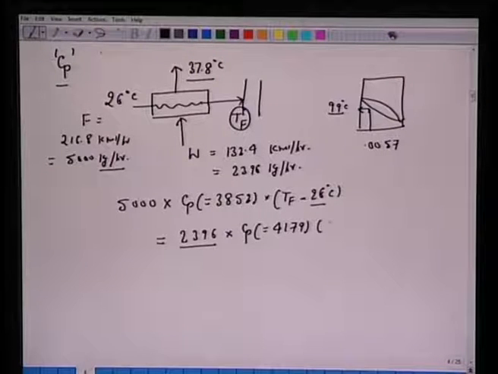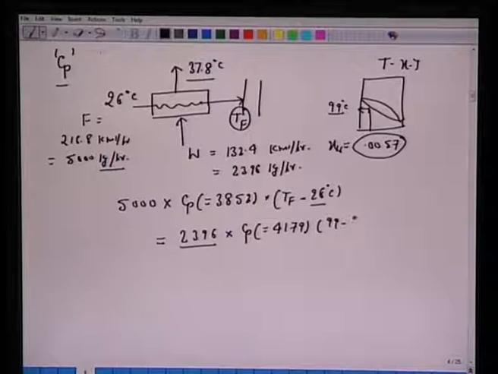This stream was at 99 degrees centigrade because it is saturated, as we read from the Txy diagram corresponding to the 0.0057 mole fraction XW. So 99 minus 37.8. So now we have the feed temperature TF as 57.8 degrees centigrade.